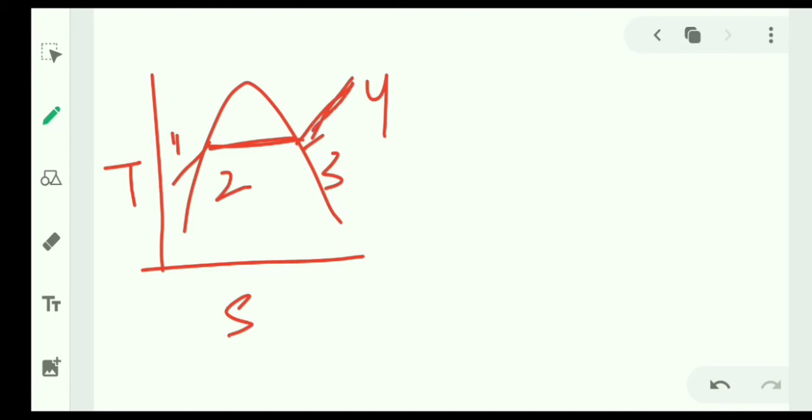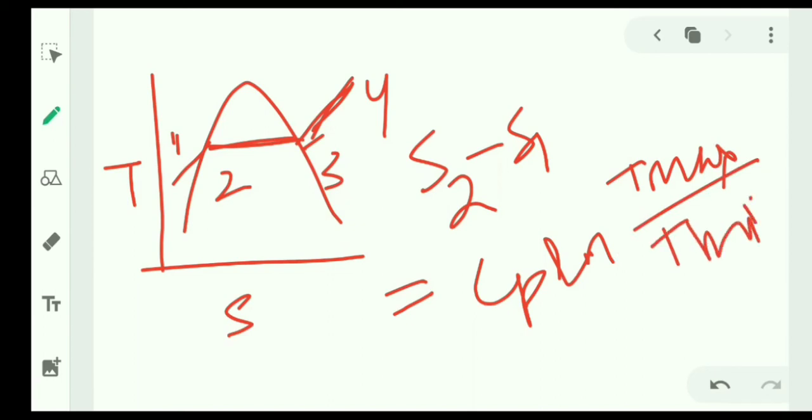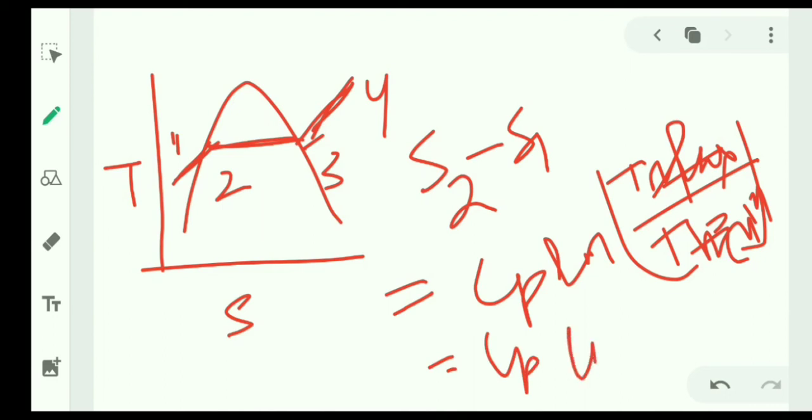This is the entropy change: we need to calculate S2 minus S1. During a constant pressure process, the entropy change is Cp ln of T max by T min, that is T final by T initial. The process is occurring from 1 to 2, so we can write Cp ln T2 by T1.